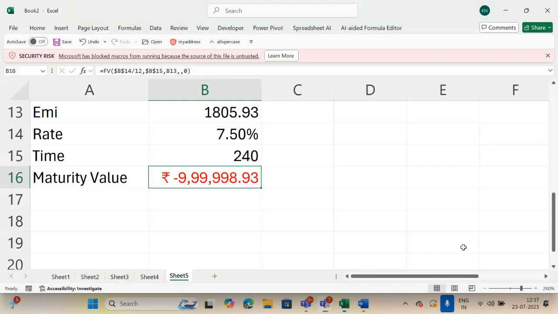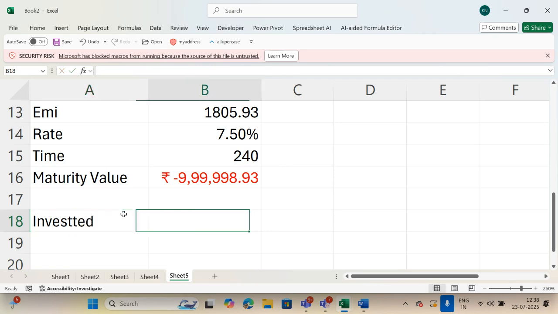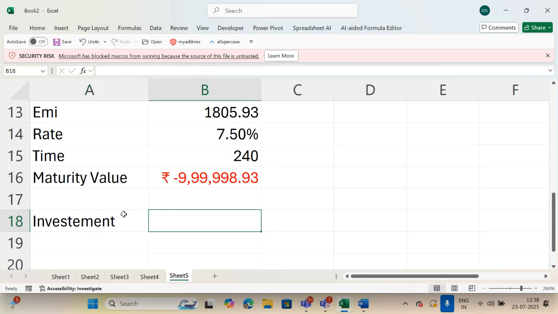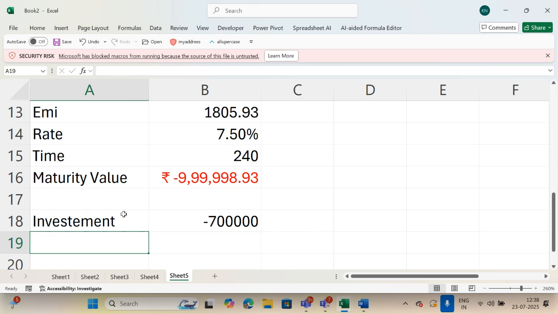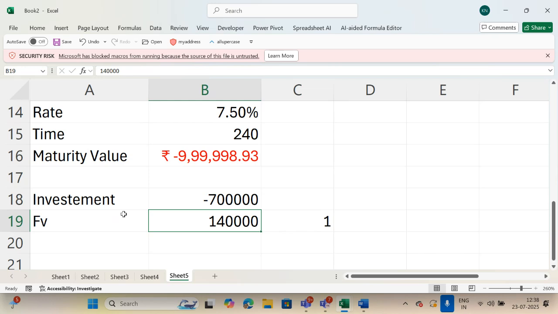Okay. So next is again a very important thing. Suppose you invested 7 lakh rupees, and the company promises you that after 1 year, that means FV, you will get 1,40,000 rupees.